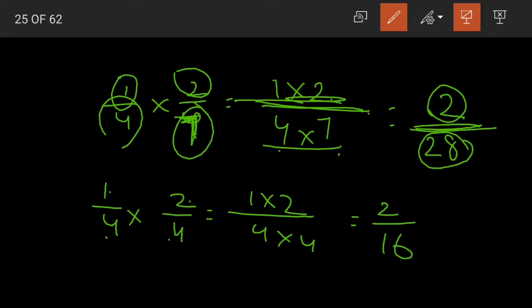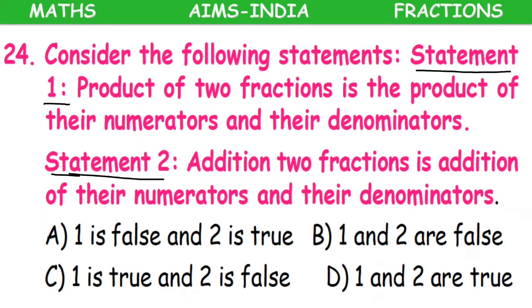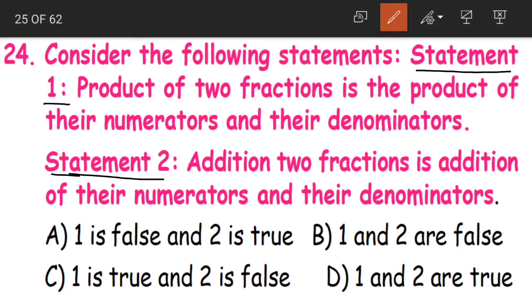It is a very simple concept. So if you look at statement 1 here, product of two fractions is the product of the numerators and their denominators. Yes, children, isn't this correct? That will be our numerator and denominator. So statement 1 becomes true.